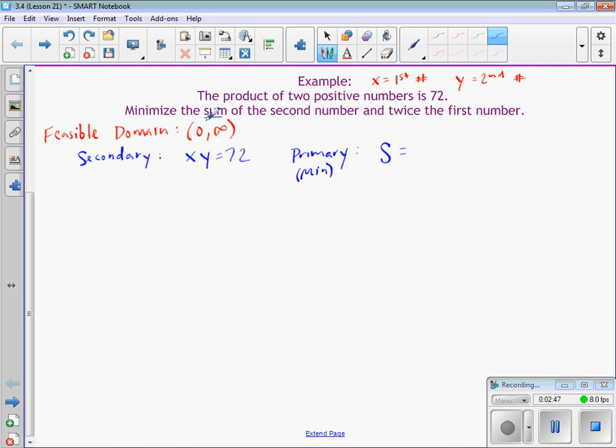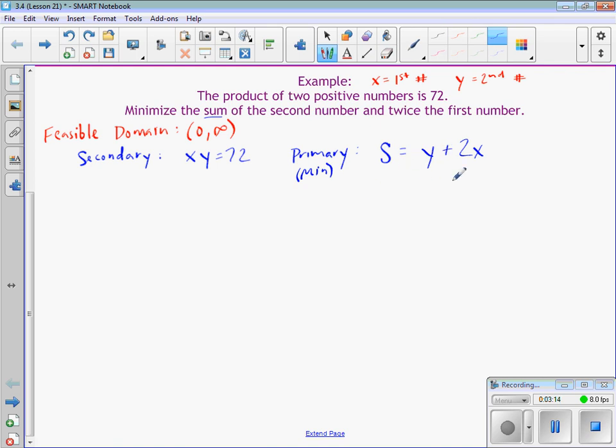So yep, it says minimize the sum of the second number, which is y, and means what? If it's a sum, I'm adding, and then twice the first number would be 2x, so it would be y plus 2x. Or 2x plus y, it doesn't matter. So questions on that at all?